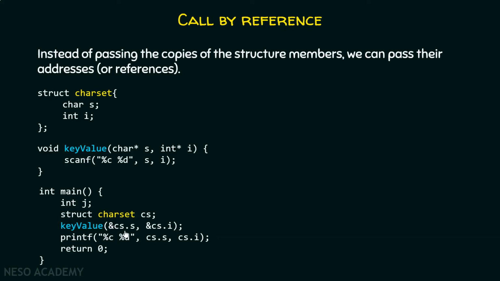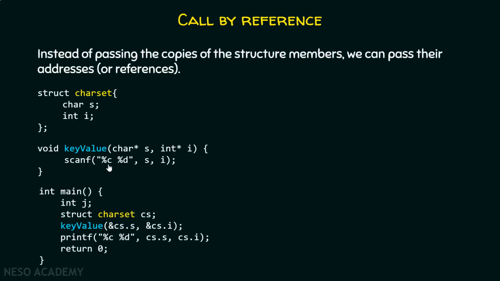So it is clear that first the members are accessed. Then with the help of the ampersand operator, we receive their addresses. We are passing these addresses to this key value function, and here these pointers will receive the addresses. And then I'm using the scanf function to ask the user to enter the key value pair. Here key means the letter and the value means the associated code of that letter.